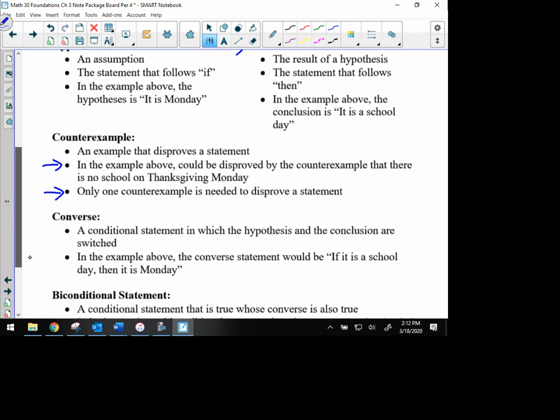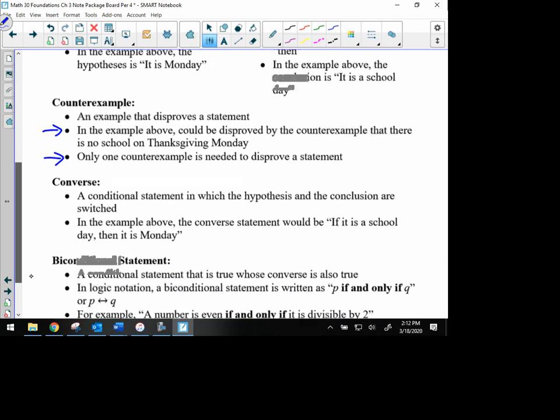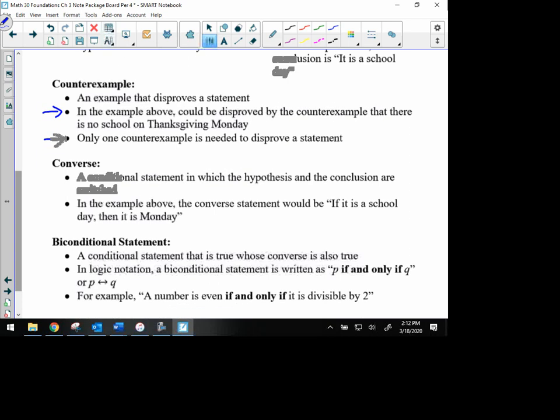Now, in order to categorize things and look at these statements from different angles, there's what's called a converse. And that's where we switch the hypothesis and the conclusion. Again, we have an example here where we switch the order of saying it. So if it is a school day, then it is a Monday.